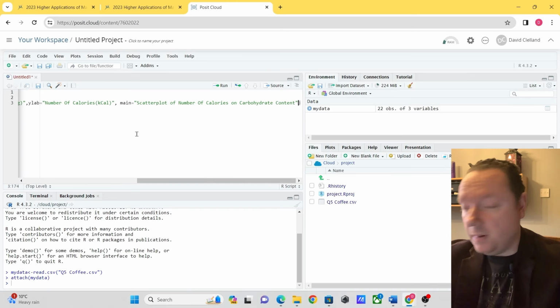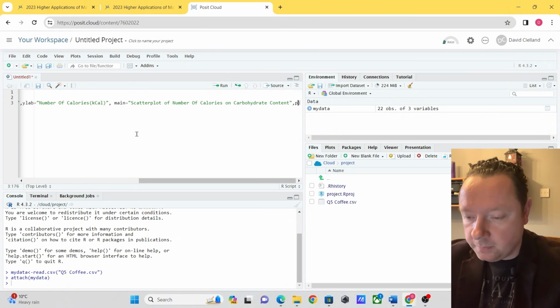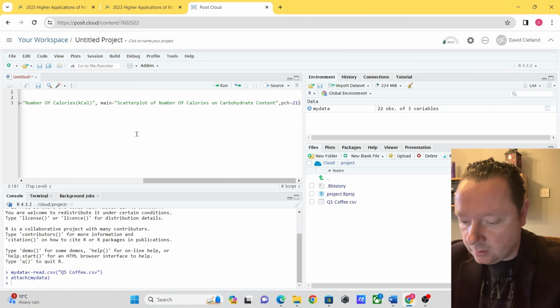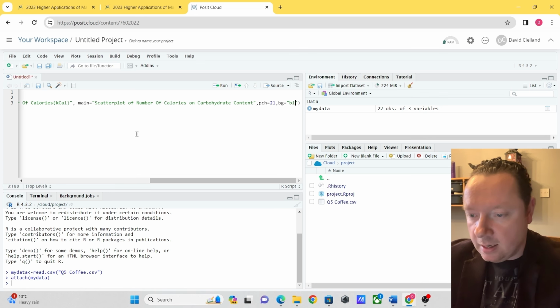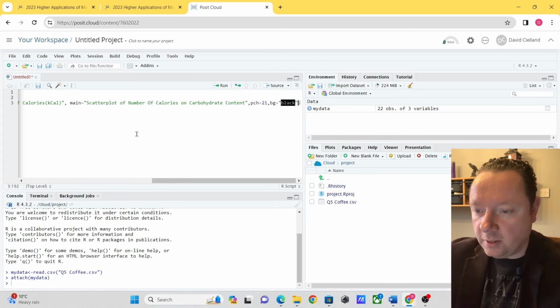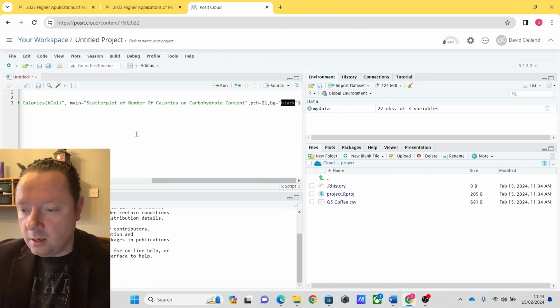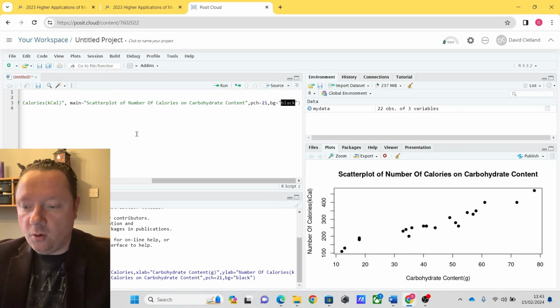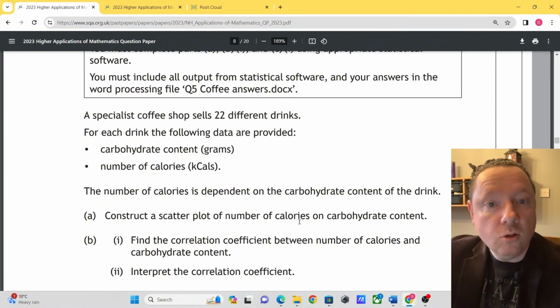Now the last bit of the command, we have got pch equals 21 and we have got bg equals inverted commas black. Make sure everything's closed up properly with inverted commas and brackets and press Control Enter. And you get a nice scatter plot of number of calories on carbohydrate content. That has got our 2 marks.